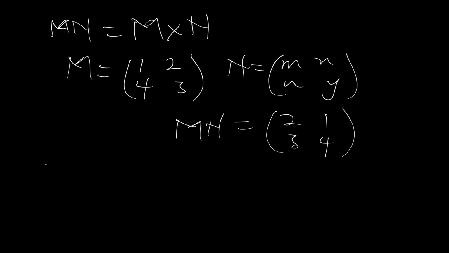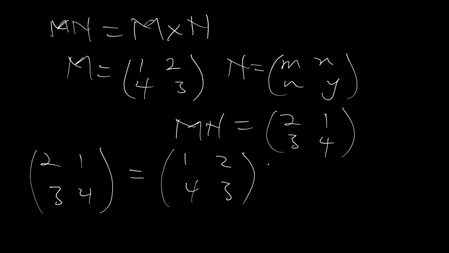So we can say that 2, 1, 3, 4, which is our MN, is equal to 1, 2, 4, 3, which is our M, times the matrix m, n, x, y, which is our N. So when multiplying matrices, the rows multiply the columns.